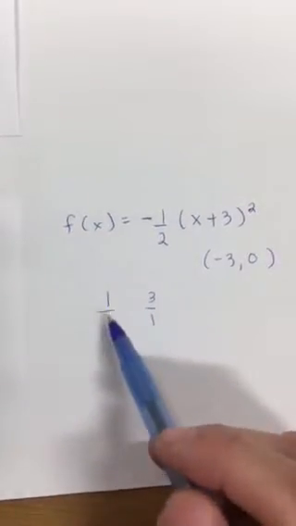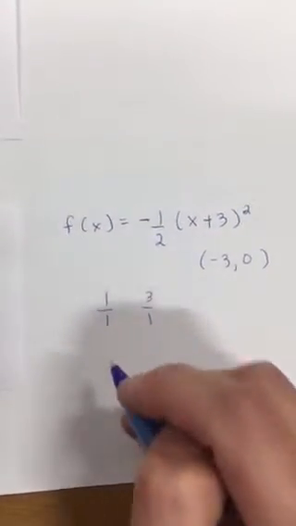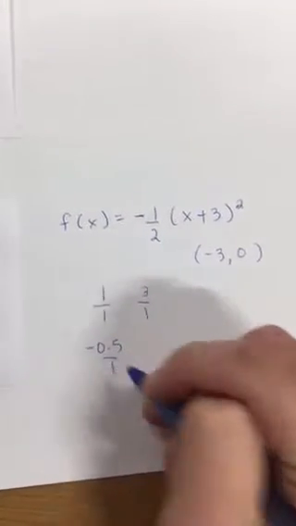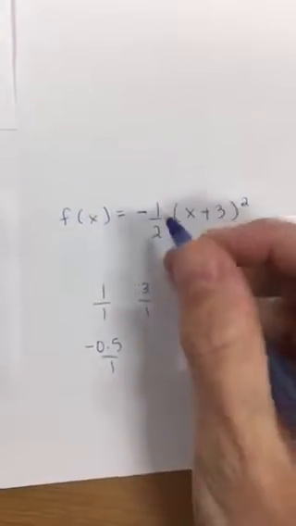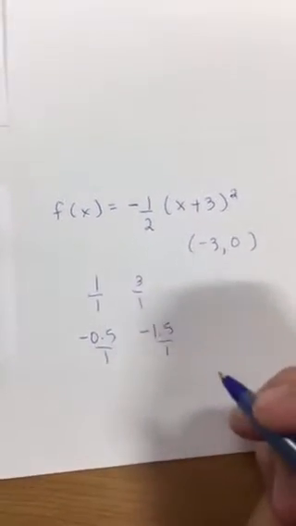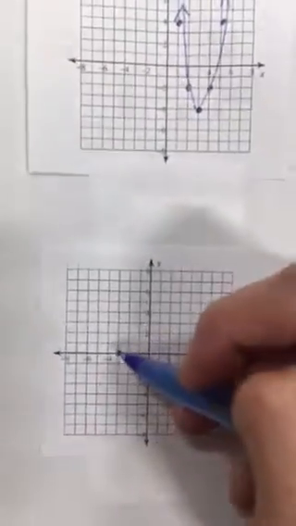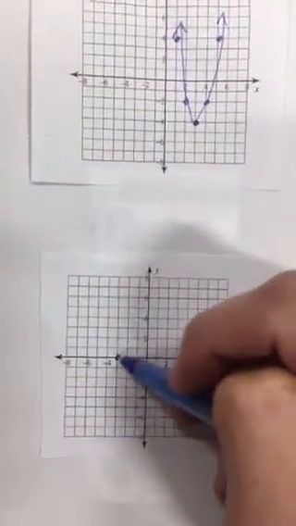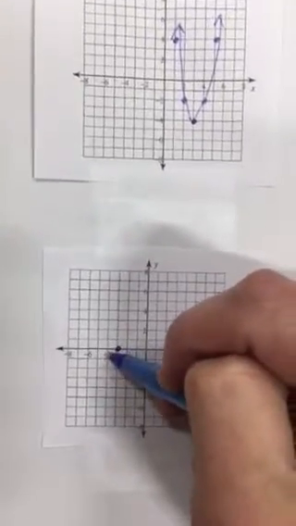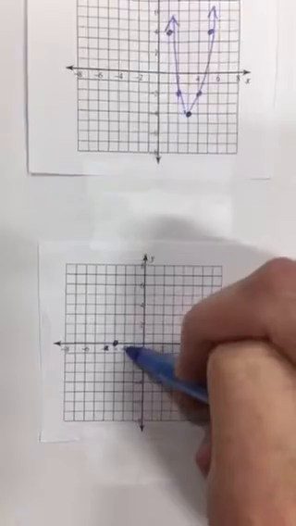So instead of going up 1 over 1, I'm actually going to go down by 0.5 for every 1. And if you want to take a guess on this, I would go down by 1.5 for every 1. So at my vertex, I'm no longer going up, I'm now going down, and I'm going to go down by 1/2 for every 1 in each one of these directions.